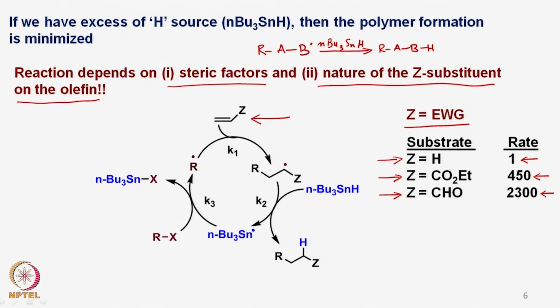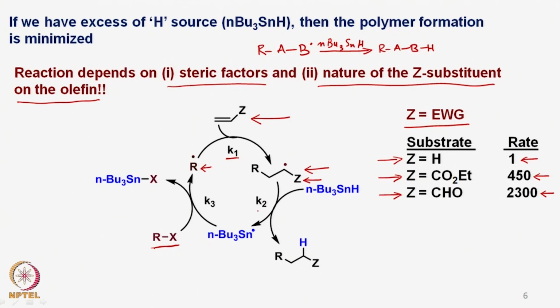So if we take a catalytic cycle, then we have this R dot which is formed from this Rx, and if this R dot reacts with the olefin, then we generate another radical here which is situated alpha to the Z group, next to the Z group, and that has a rate K1.